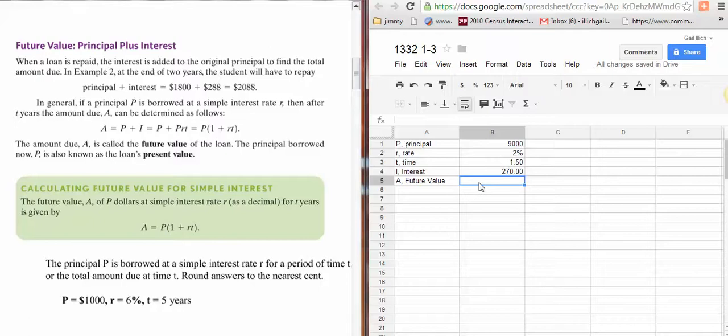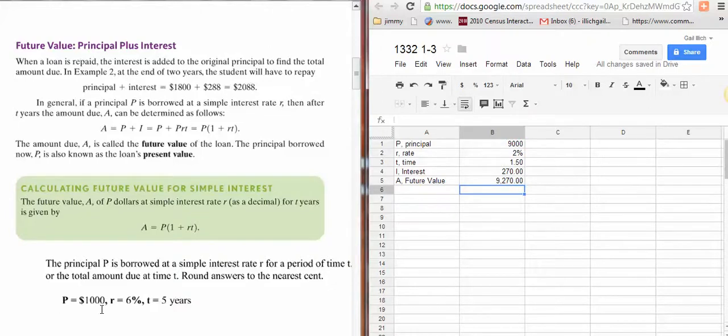I do equals the principal, which is in B1, times, then the parenthesis, 1 plus R, the rate, which is in B2, times T, which is B3, and then I close my parenthesis and hit enter. So it already calculated what we talked about a second ago, which is $9,270.